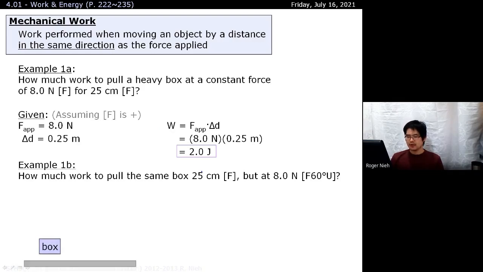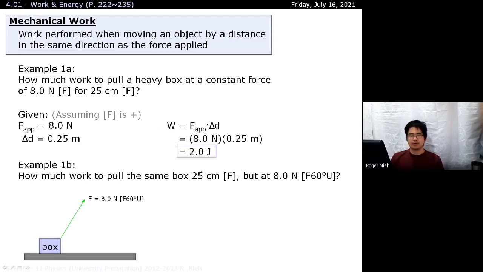I think I have a picture over here, just so you have a better appreciation of what's going on. So this time around, you're not just dragging the box across. Now you're tugging it at an angle. One thing that's not mentioned here is the mass of the box. So let me just tell you this. Assume that the box is heavy enough that it doesn't fly off into the air. In other words, you're dragging it at an angle, and the box just physically glides like so.